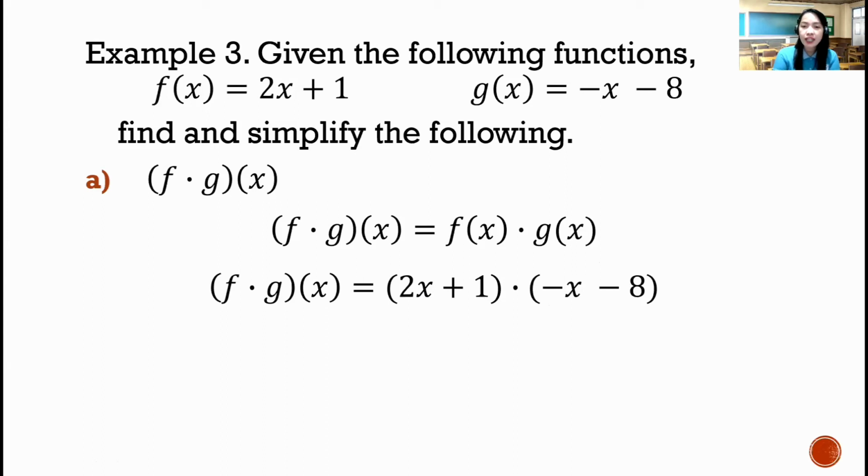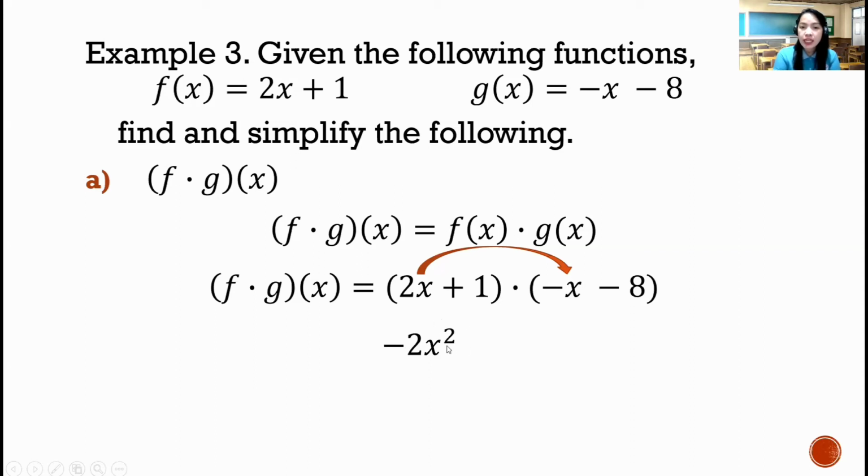In short, kung dito, magiging siyang 2x times negative x, that is negative 2x squared. So, ang coefficient ng negative x ay negative 1. So, 2 times negative 1, that is negative 2. Ang variable natin dito ay x, so just copy x. And kung mapapansin ninyo, ang exponent na ng variable x ay 2.